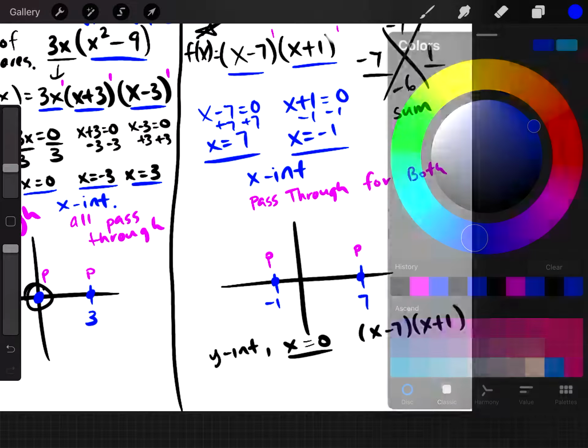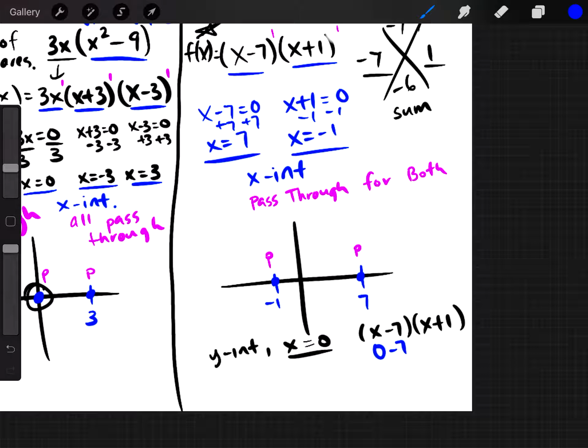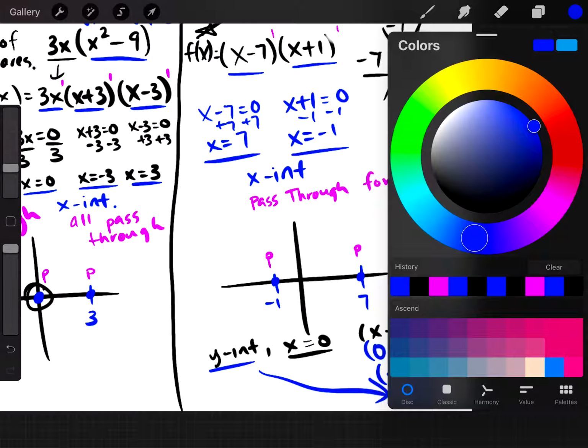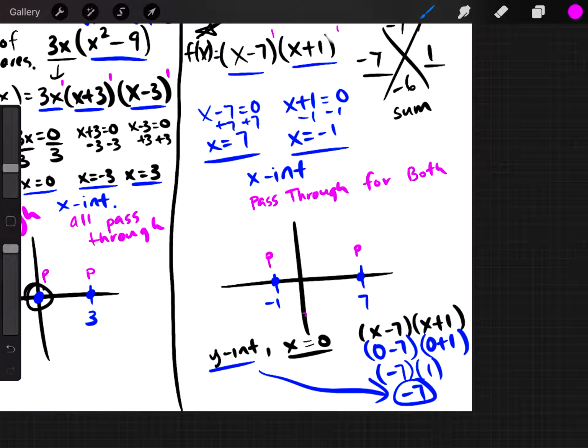So we plug in 0, 0 minus 7, 0 plus 1. That's negative 7 times 1, which is negative 7. What that means is we now have a y-intercept. It is negative 7. So if we were to slap that on the graph, a y-intercept of negative 7 would be right down here.